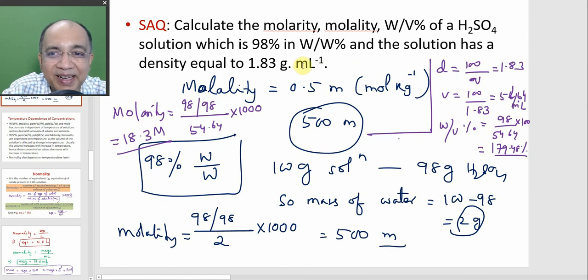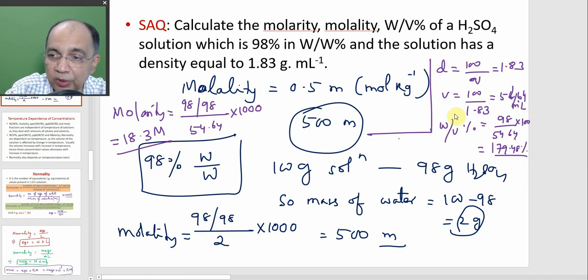So we start from here. Molarity. Now here the density data is first found out. Density is mass by V. Let us take 100 grams of the solution. V becomes as low as 54.64.